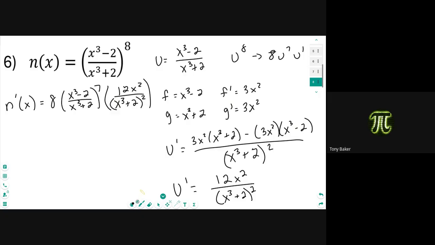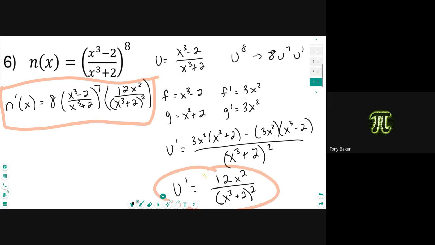This is one where simplifying down does make the problem look a lot nicer. And it simplifies pretty nicely.